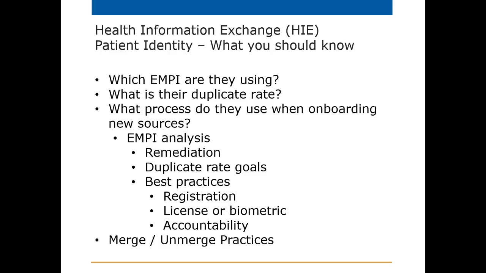That means your algorithms need to change. The percentage of patients with the same last name or first name, because you have so many people of French descent, has just changed. All the percentages changed, and your algorithm should consider that. So these are some of the neat, interesting, geeky things to consider when you're talking about EMPIs, but you want to make sure that the HIE is considering that.